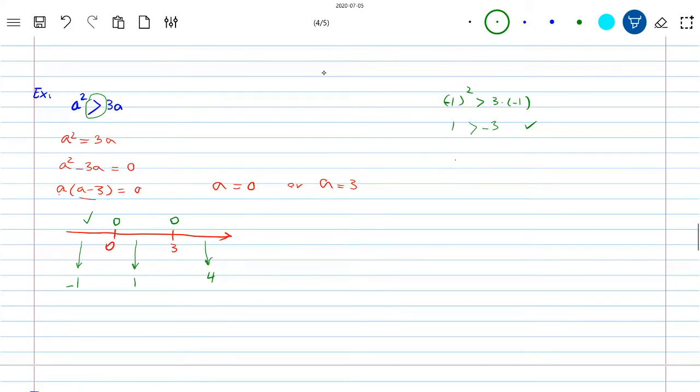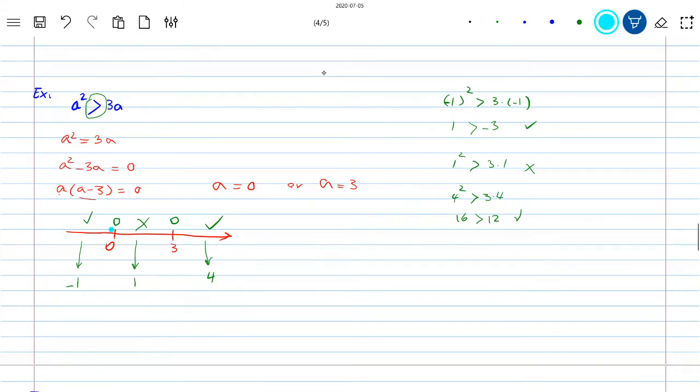If you pick 1, what you get is 1 squared greater than 3 times 1. 1 is not greater than 3. This is false. That means this section is not correct. And if you pick 4, 4 squared greater than 3 times 4, what you get is 16 greater than 12. This is a true statement. Therefore, that last section is correct as well.